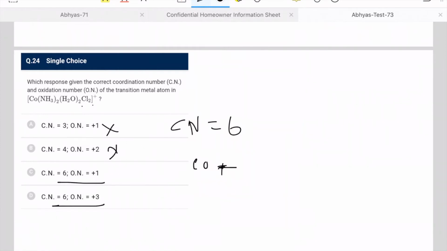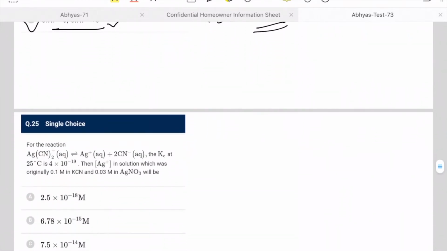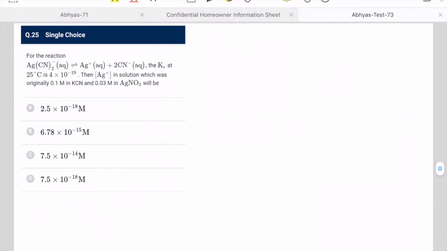So Co minus 2 is equal to plus 1, since the charge is given as plus. So Co will have oxidation number 3. So coordination number 6 and oxidation number 3 is matching here. So D is the correct option. We'll go to the next question, question number 25.